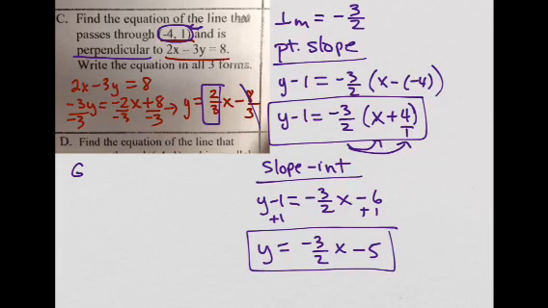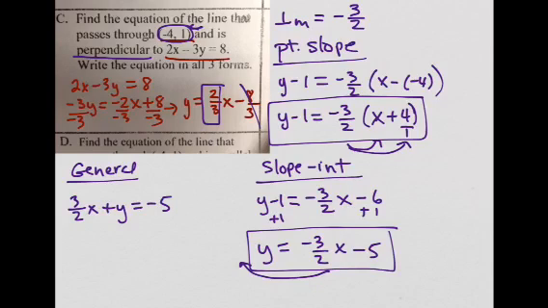For the general form, I'll just do it on this side. From slope-intercept form, I'm going to move this term over to the left side. So I have 3 halves x plus y equals negative 5.